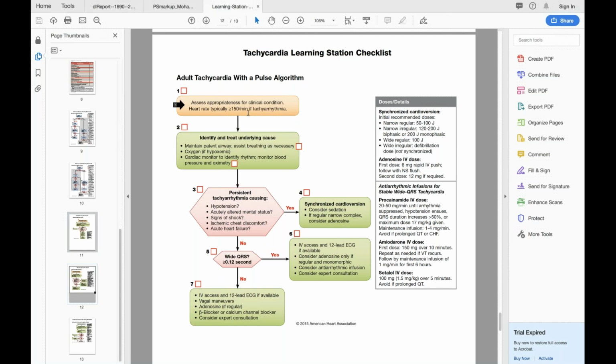It says assess appropriateness of clinical condition, heart rate. Actually, in this algorithm, where are we going to start? We will start from these areas. We will ask the patient some questions to understand if he is stable or not from the beginning.